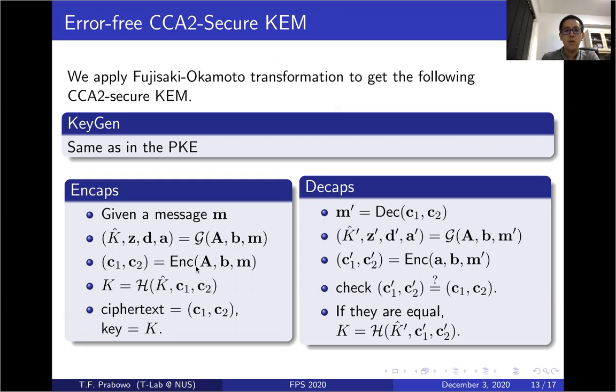The Fujisaki-Okamoto transformation basically converts the non-deterministic encryption to a deterministic one, where the randomness in the encryption, previously generated randomly, is now no longer random. It's generated by the output of a hash function. So this encryption is now a deterministic process.